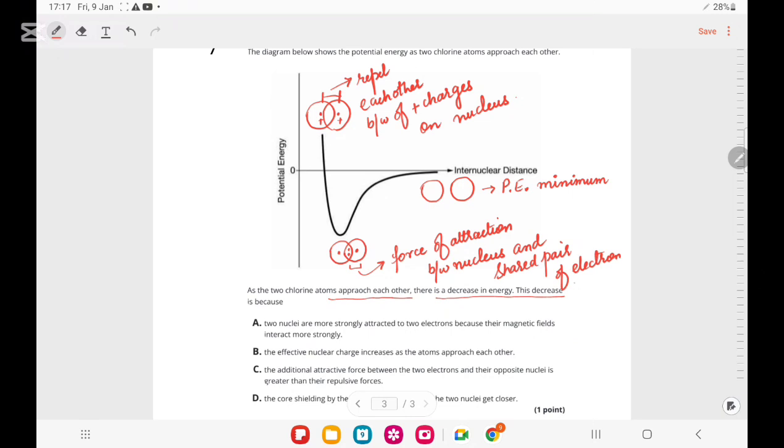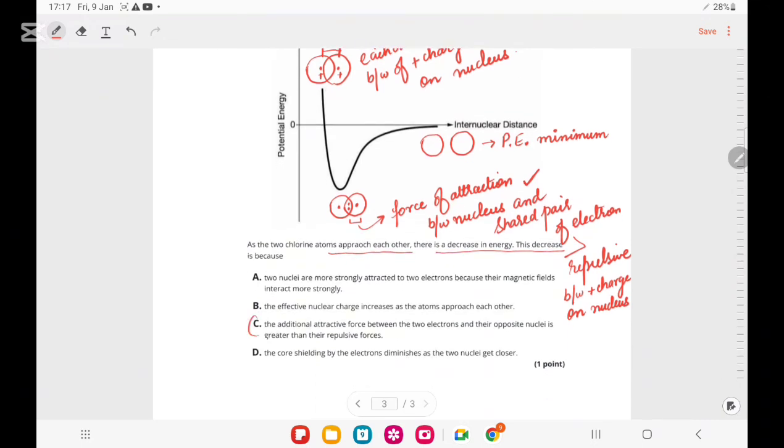At this point, this is greater than the repulsive force between like positive charges on the nuclei. They are going to repel each other. So at this position, the force of attraction is going to be greater than the repulsive force between the positive charges on the nuclei. So our answer is going to be C there.